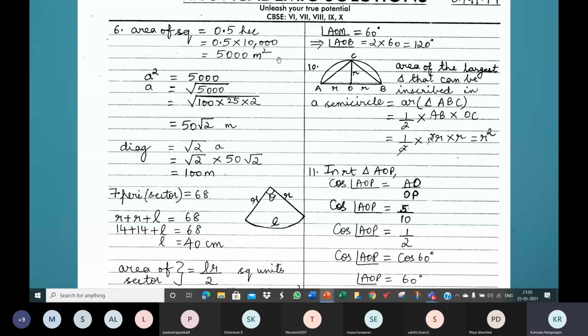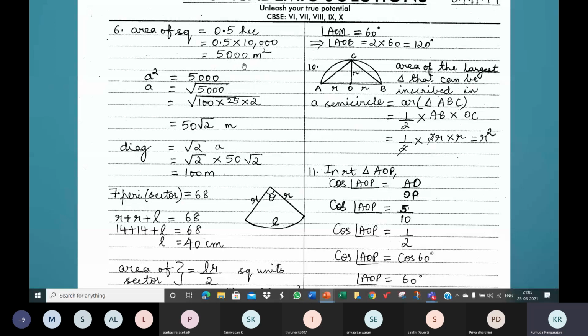Area of the square is equal to half diagonal square. Formula: area of square is equal to half d square, half diagonal square.